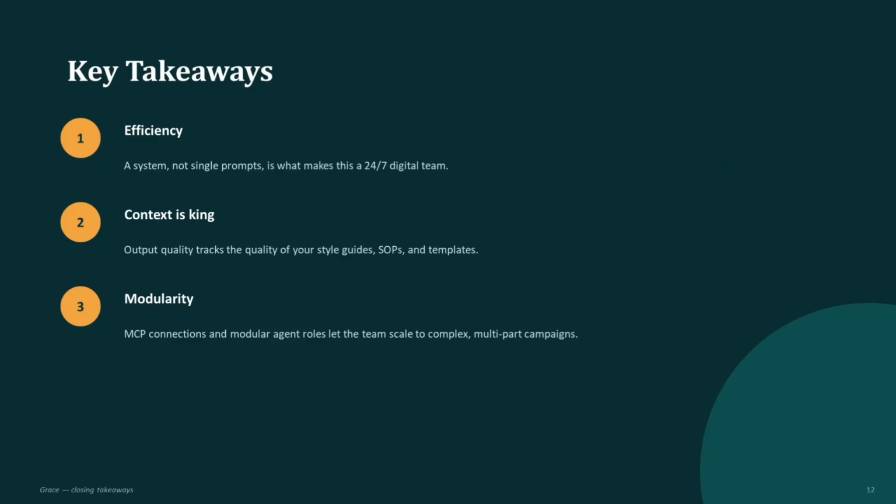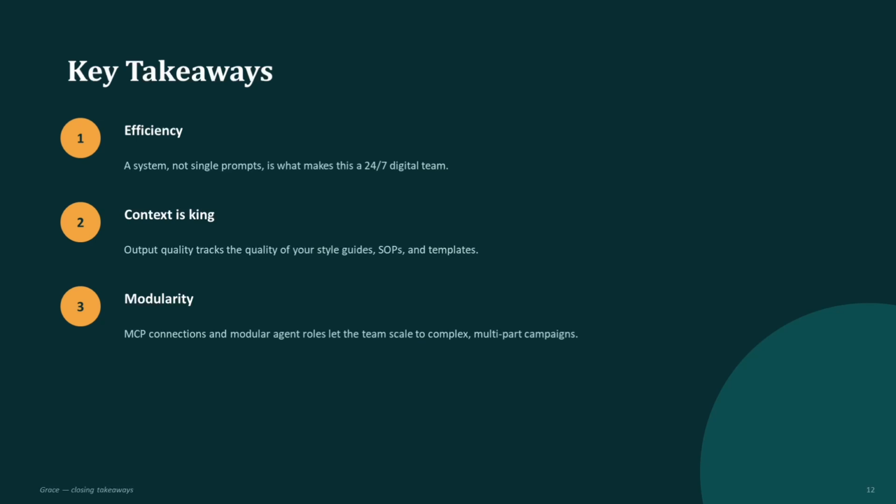Before we end our video, let's have a look at what we learned. First, efficiency is a system, not a single prompt. We learned about our marketing tools and more. Then, context is the skin: context, SOPs, templates, or styling guides, and many more.